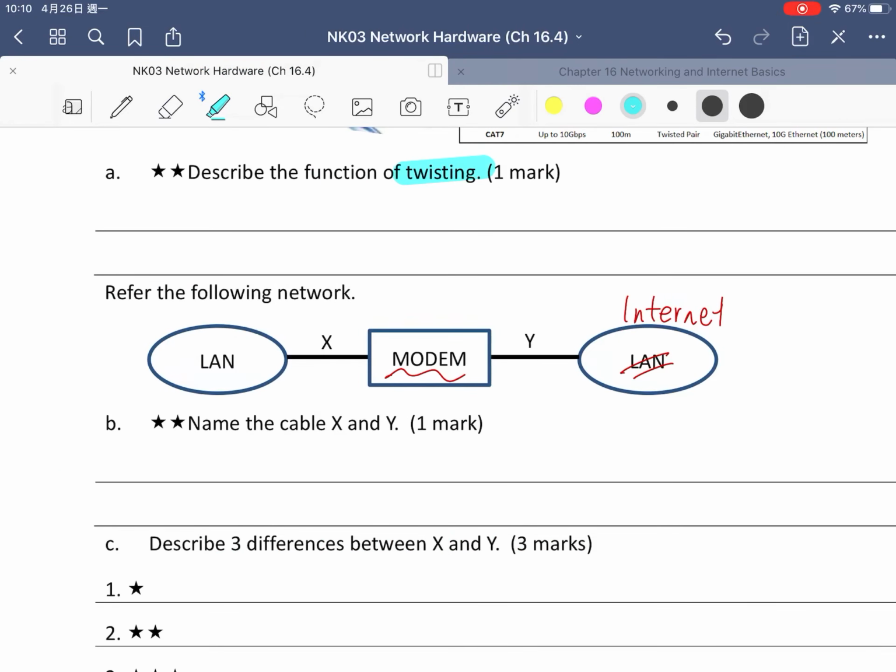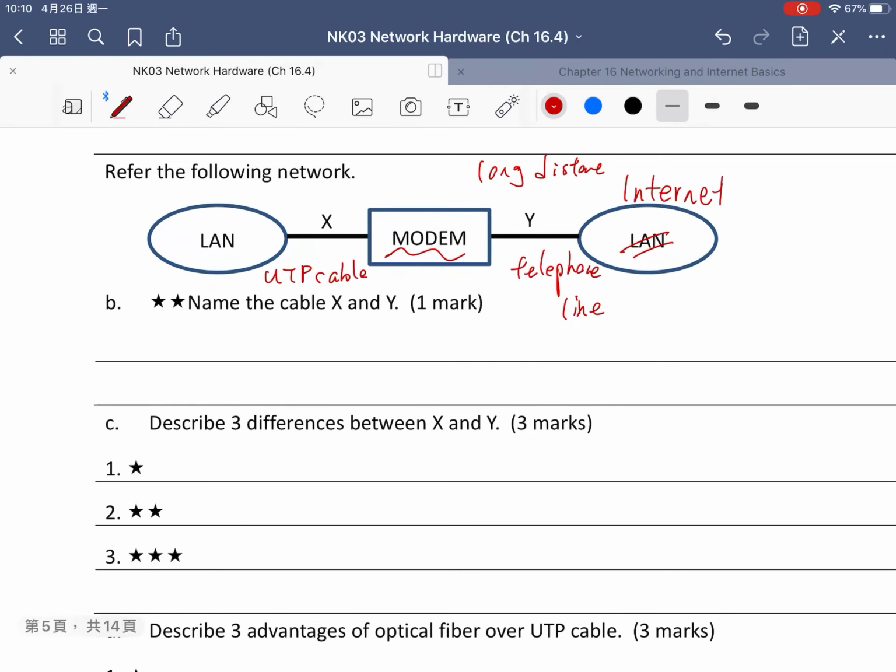So we look at the diagram here. If it is the internet, then X will be UTP cable, and Y is the long distance connecting your home. It is your home to the internet. So long distance, so it is telephone line. So two differences between X and Y in terms of the speed, in terms of the transmission distance, and the signal.